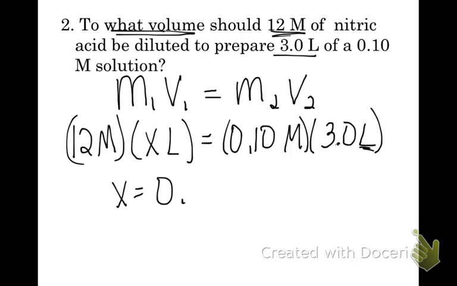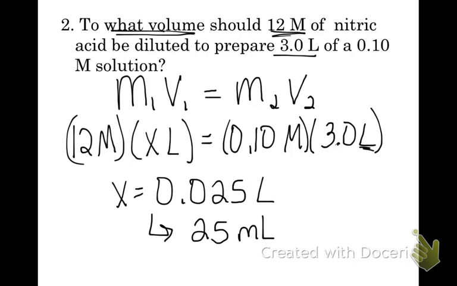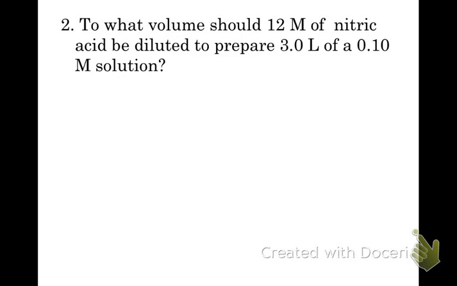You end up getting 0.025 liters. That's pretty hard to measure, so we can actually make this 25 milliliters. So I can use a 25 milliliter graduated cylinder and pour that 12 molar nitric acid, so essentially here, taking 25 mils of the 12 molar nitric acid solution, putting it into a new volumetric flask, and filling it up with water till 3 liters.